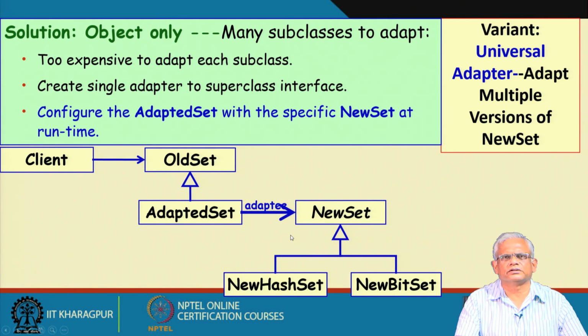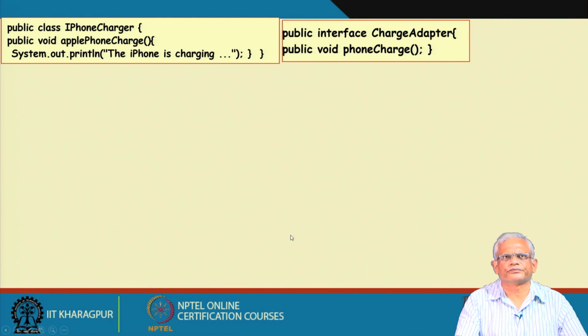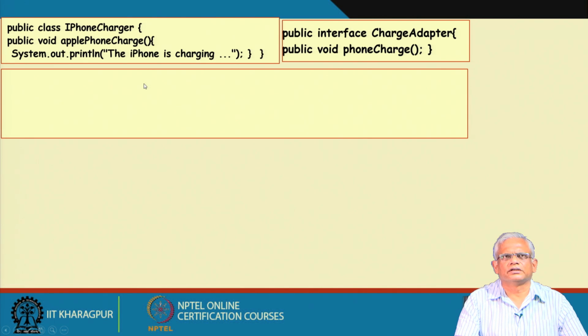Let us see some concrete examples. Let us say we have an iPhone charger, and here the method supported is Apple phone charger, and then we have a charge adapter where we have the phone charge.